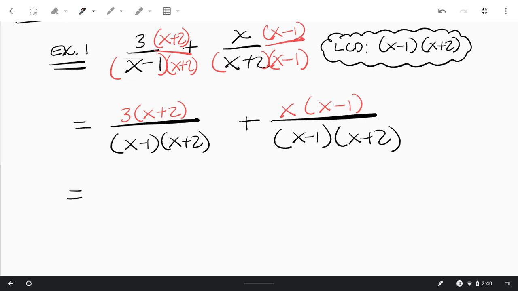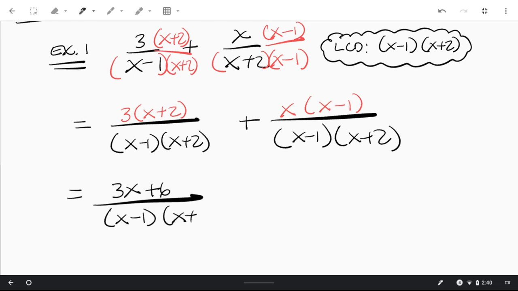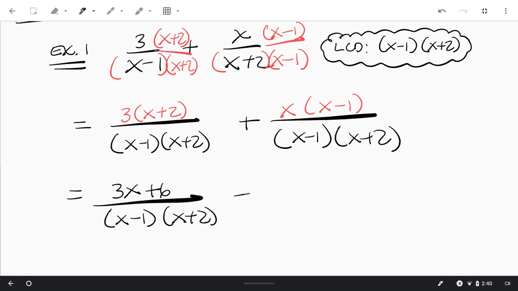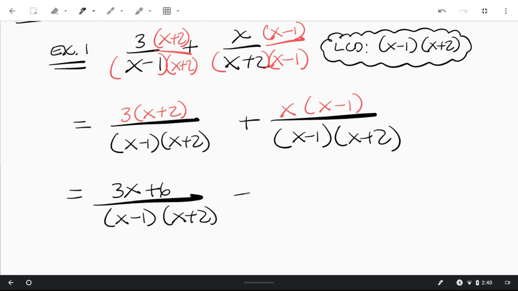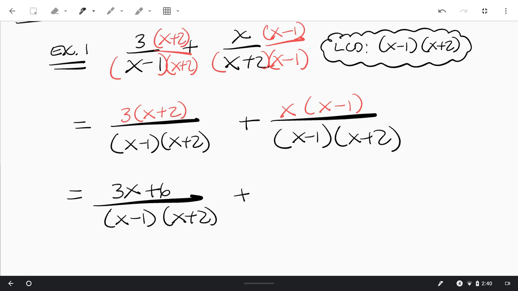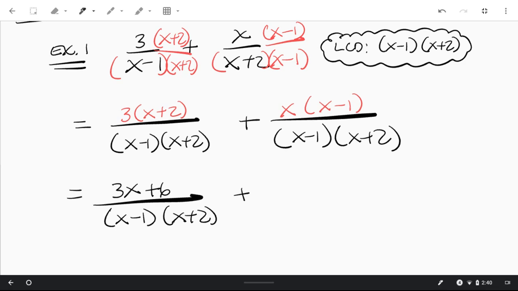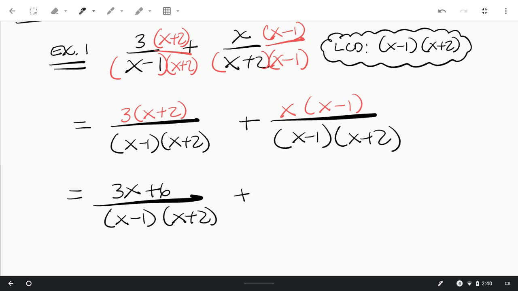All right. So let's go ahead and multiply out those numerators. So here we get 3x plus 6 over x minus 1, x plus 2, plus, and here we get x times x, so that's x squared minus x all over x minus 1, x plus 2.